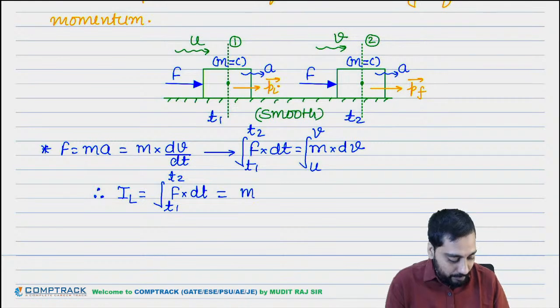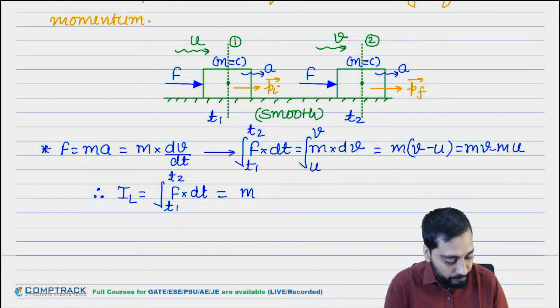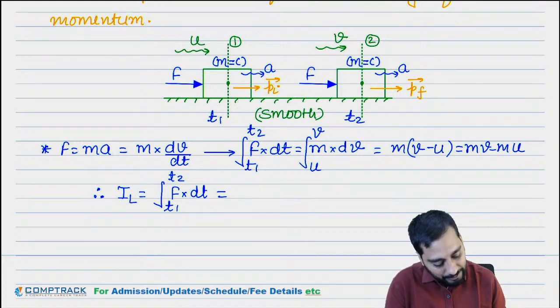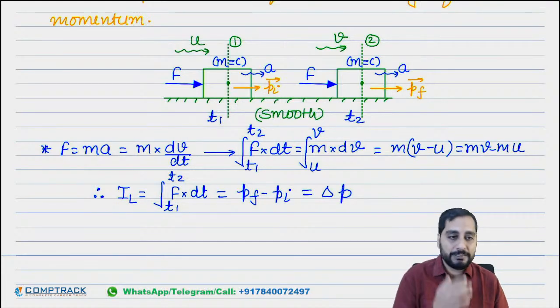m times the integration, so you will get v minus u. So this you can write as mv minus mu. So it will be mv minus mu, which means change in linear momentum, that is, P final minus P initial. So it will be equal to the change in linear momentum like this.